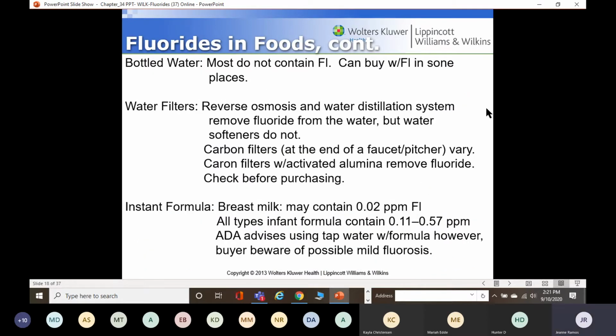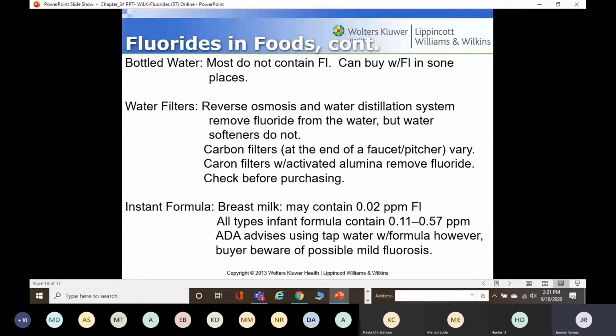Okay, so bottled water. Most do not contain fluoride, but I've noticed that you can buy bottled water with fluoride in some places. Water filters: a reverse osmosis and water distillation system removes fluoride from the water, but water softeners do not remove fluoride from the water.